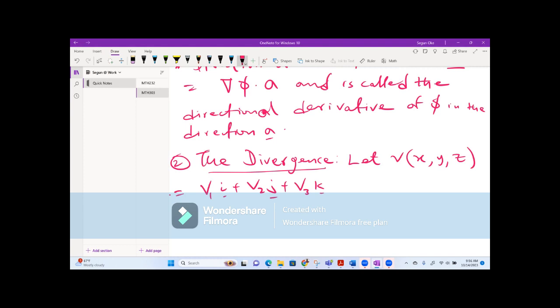It's also defined and differentiable at each point x, y, z in a certain region of space.